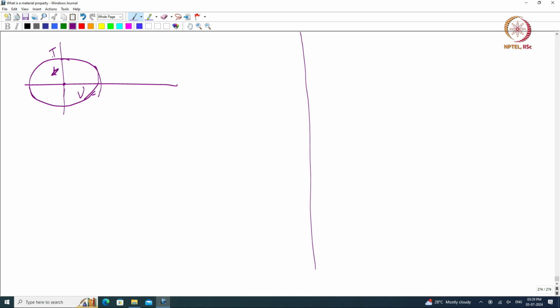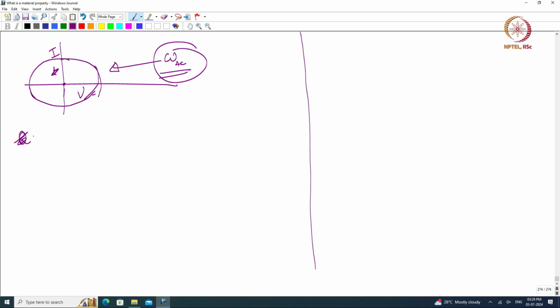My IV diagram of a capacitor at some sort of an AC frequency, at a frequency omega, looks like this. This is at a given frequency. It's this ellipse sort of a curve.